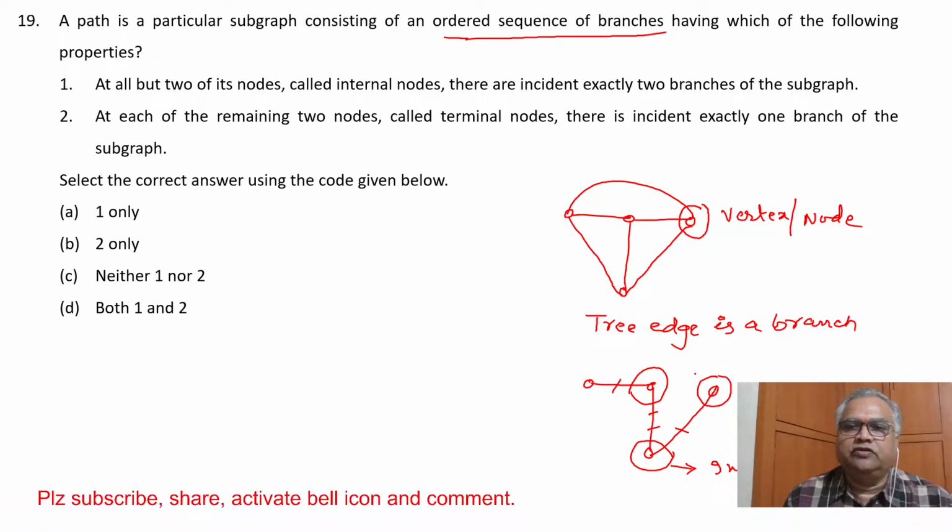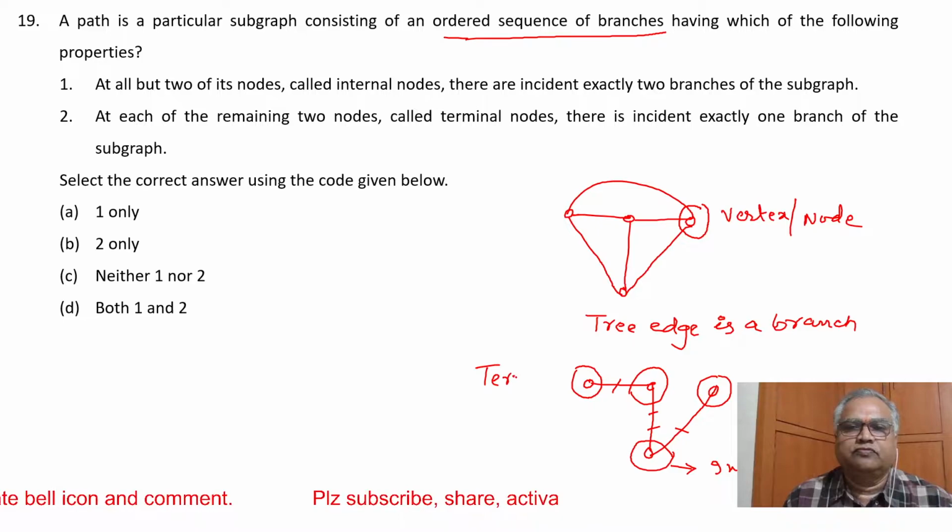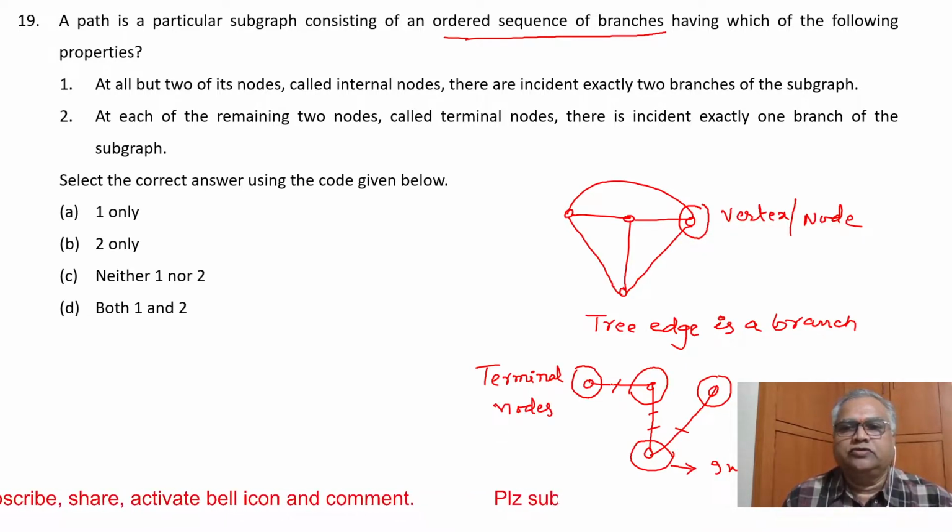Whereas this one and this one are called terminal nodes. These have incident exactly one branch. So this is having one branch, this is also having one branch. So both these statements are satisfied.